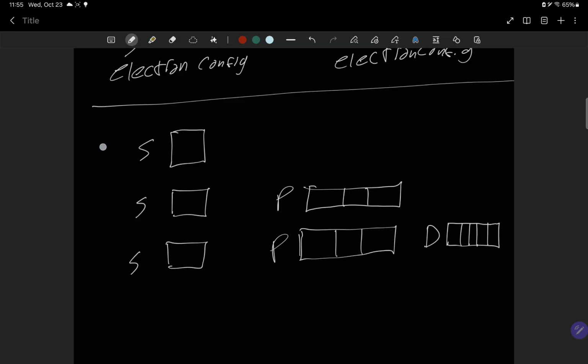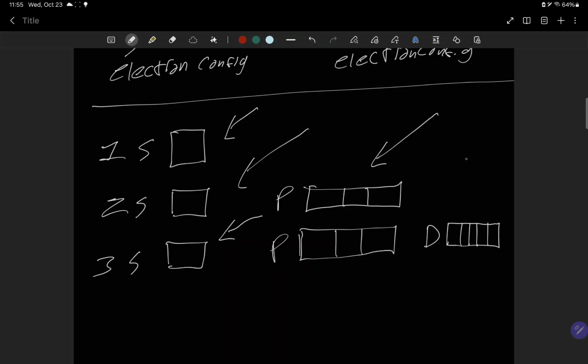So this is your first shell. This is your second shell. This is your third shell. So once you fill up your first S shell, then you can move on to the next S shell. And is it like a row, S and P, S, S, and P, S, P, D? Yep. So then you're going to go, once this one is filled, you can go to the next p orbital. Once that's filled, you can go to the next shell.